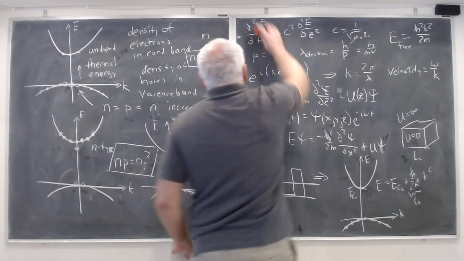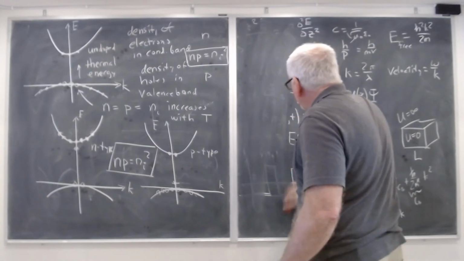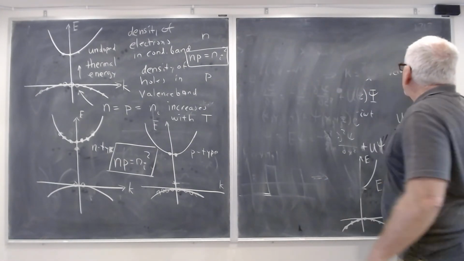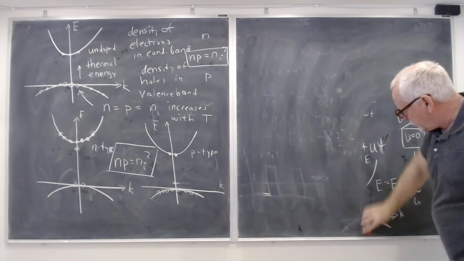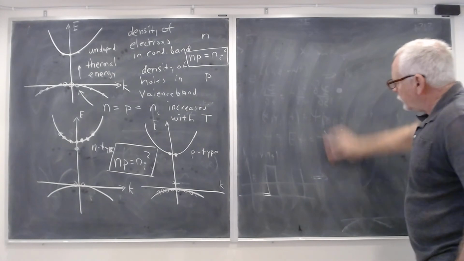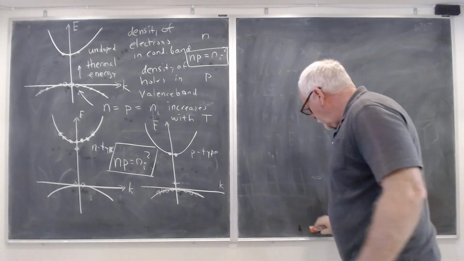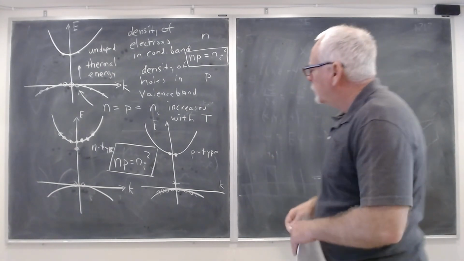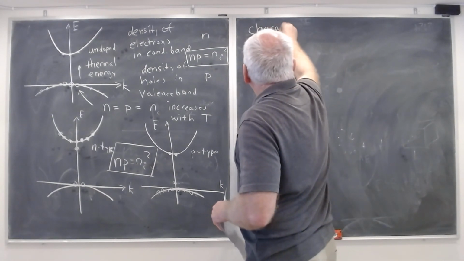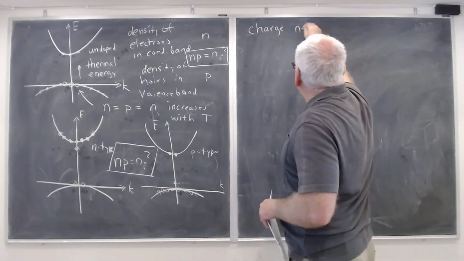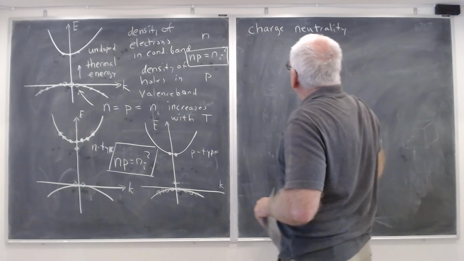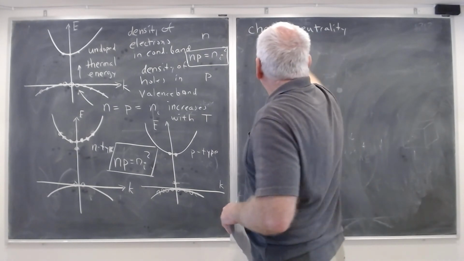Now, that led to the third midterm problem, which was to figure out things like n and p from charge neutrality. Charge neutrality says that plus equals minus.